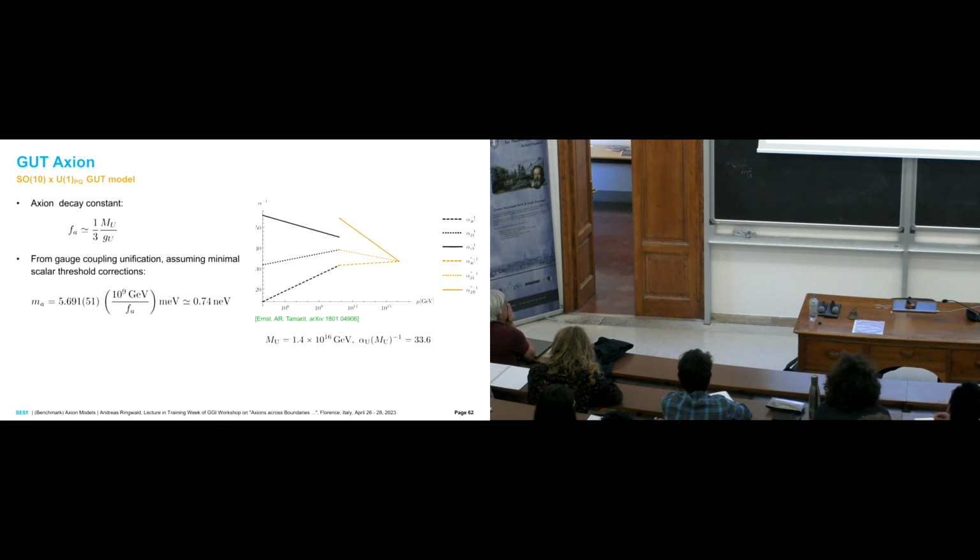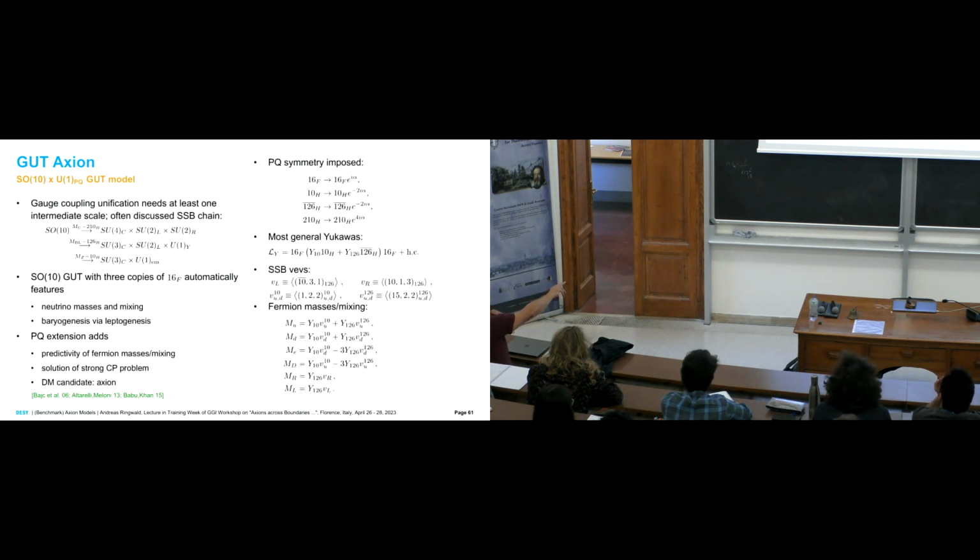Because the axion mass, or the axion decay constant, I'm sorry, yeah, can you go back? What is this M_L? It's the VEV, the induced VEV of the 126. I see the up, down, right-handed mass.